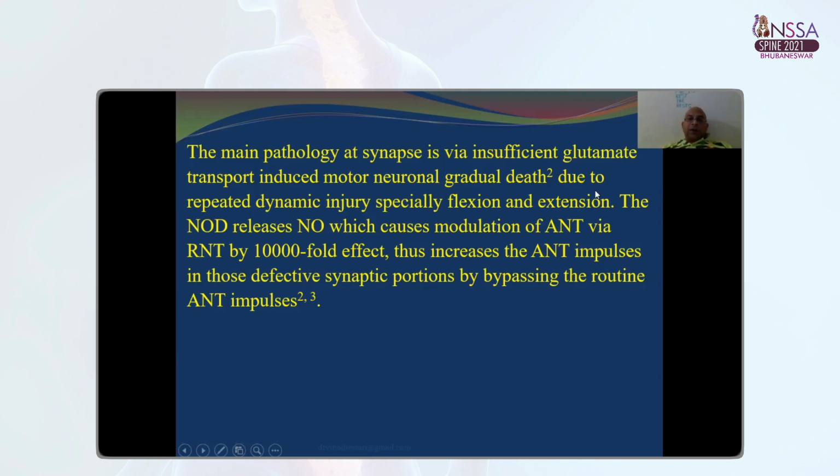So an NO donor, in our case sodium nitroprusside, releases nitric oxide, which modulates integrated neurotransmission via RNT, that is retrograde neurotransmission, by 10,000-fold. Thus it increases the integrated neurotransmission impulses in those defective synaptic portions by bypassing the routine integrated neurotransmission impulses.